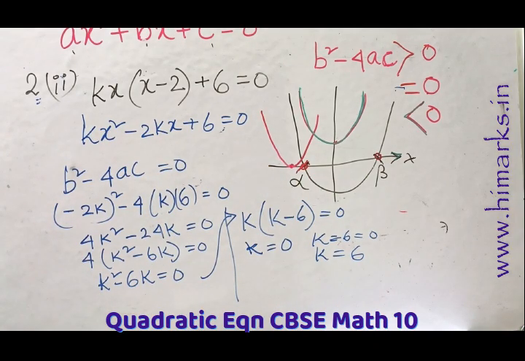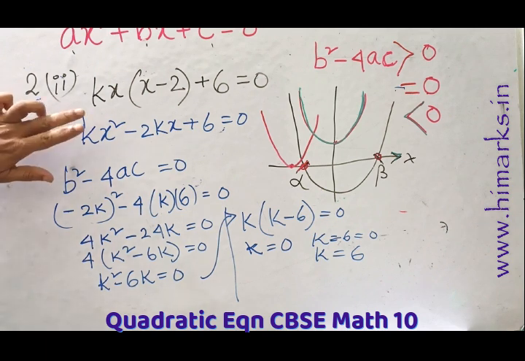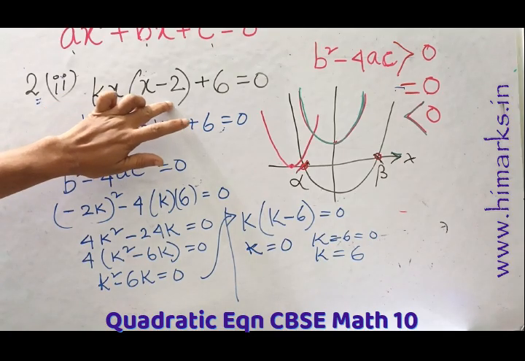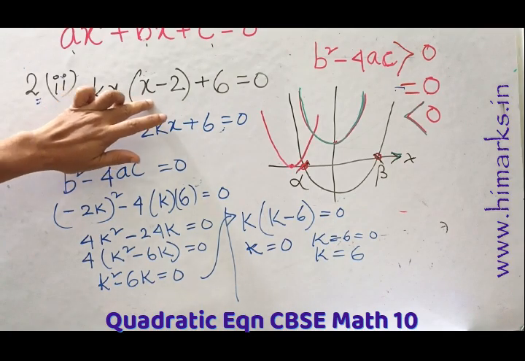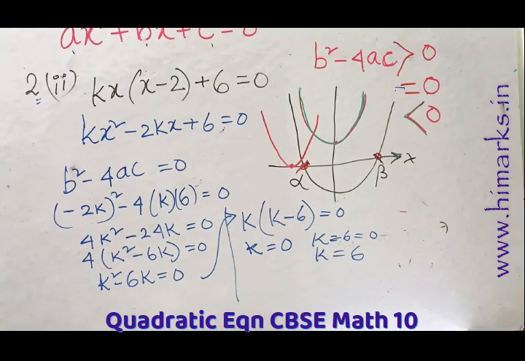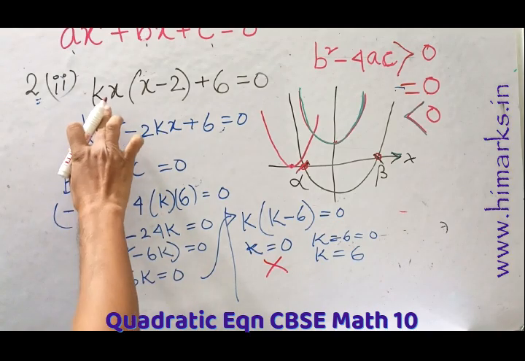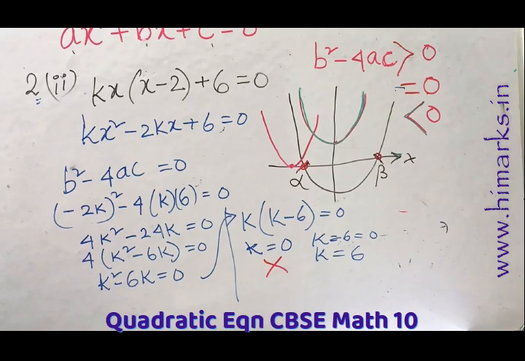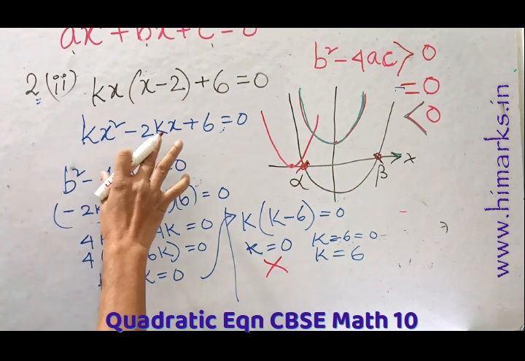Okay, fine. Now you see that if k becomes 0, then this whole term becomes 0. So that is why this solution is not possible, this solution is not acceptable. If you put k as 0 here, then this quadratic equation will vanish, the x square and x terms will not be there.